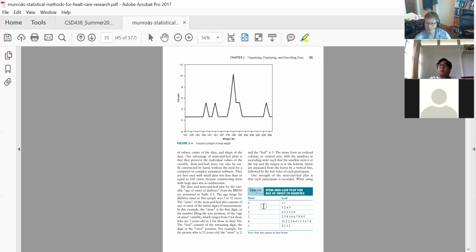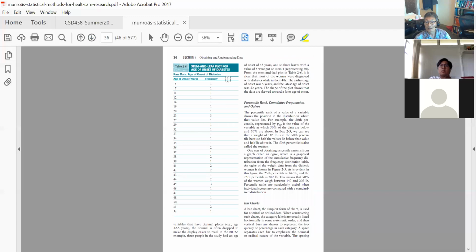So there are different types of charts and figures. Also, there are certain types of measures of central tendency. We use the mode, median, and the mean. Those are central tendencies.